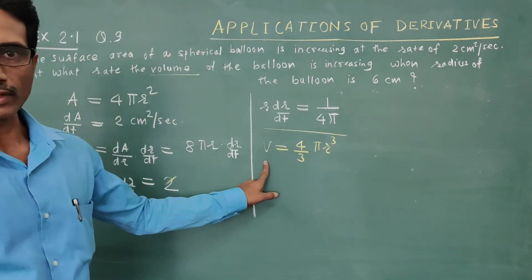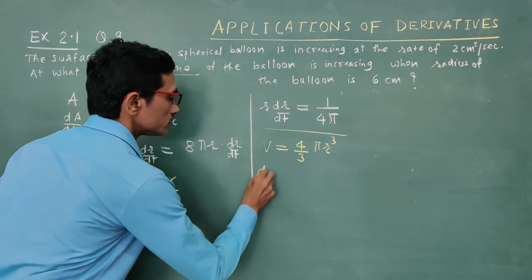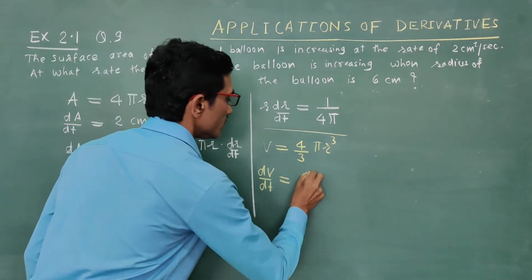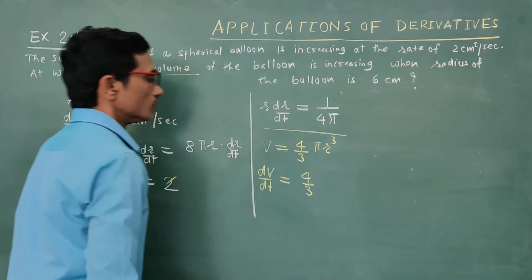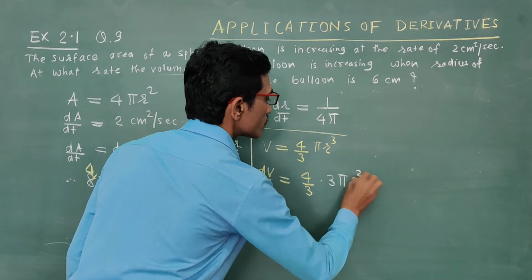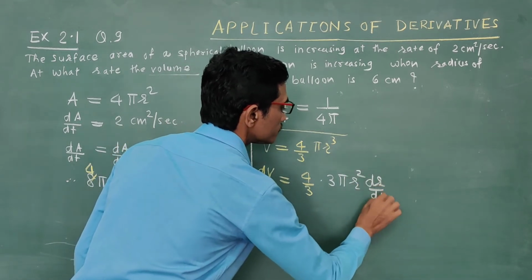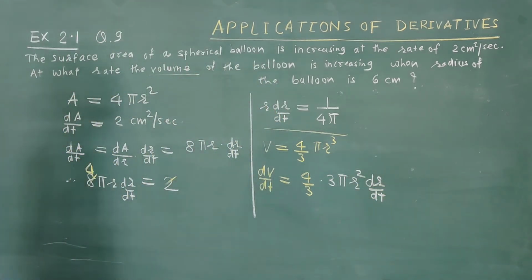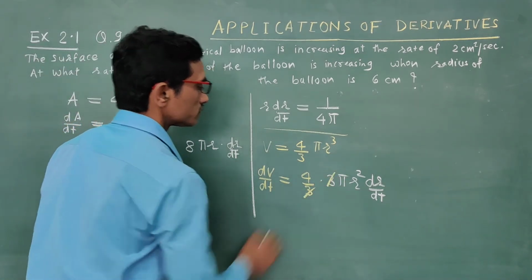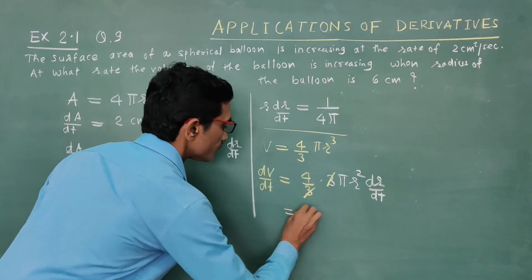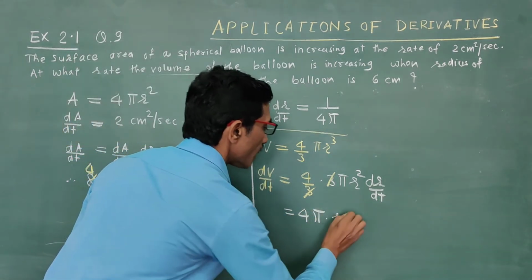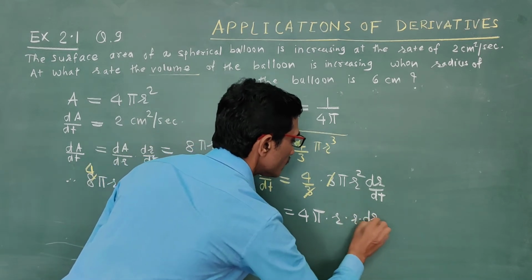Differentiate it with respect to t. dV by dt is equal to 4 by 3 into 3 pi r square dr by dt. Now this 3 is getting cancelled over here, so it is 4 pi r square, we will write r into dr by dt.